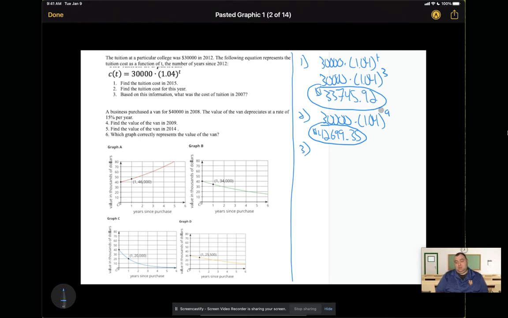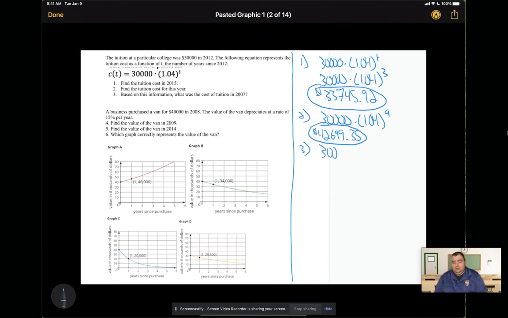So the question is, what am I going to plug in as my exponent, as my t value in this case? Well, think about this. The $30,000 was in 2012. 2007 was how many years earlier than that? Well, 2007 is 5 years before 2012.